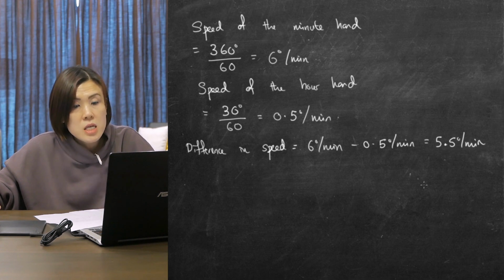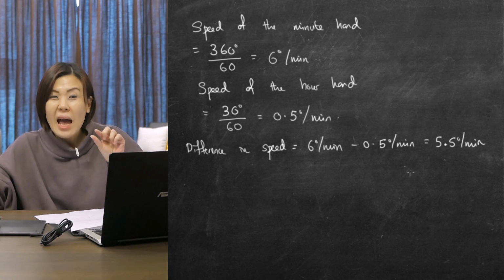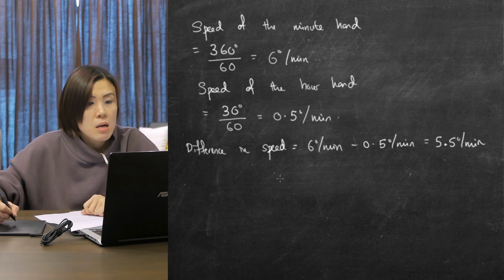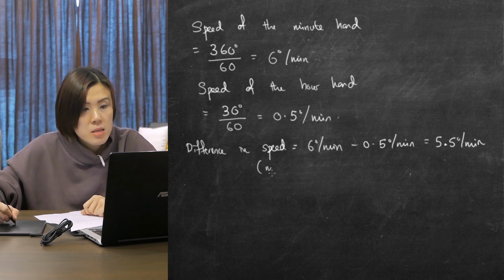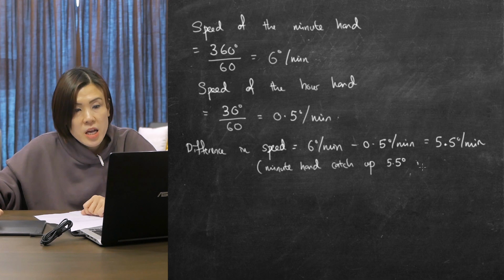This difference in speed means that 5.5 is the angle that the minute hand can catch up in 1 minute. So let me write it down here: the minute hand catches up 5.5 degrees in 1 minute.